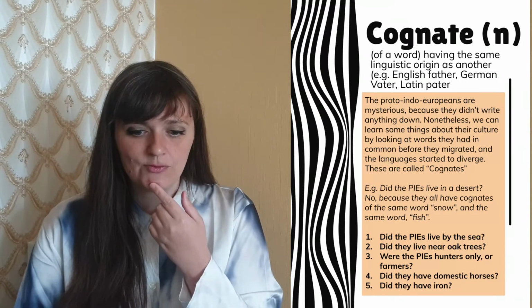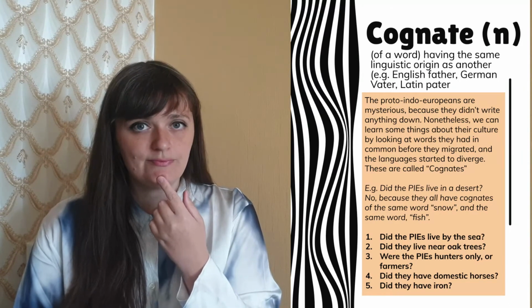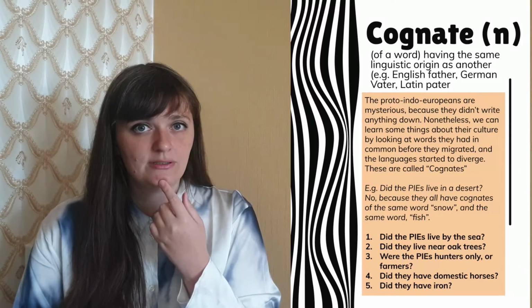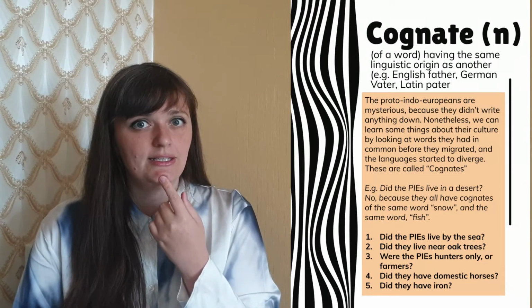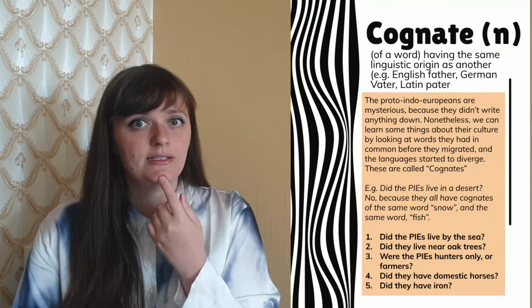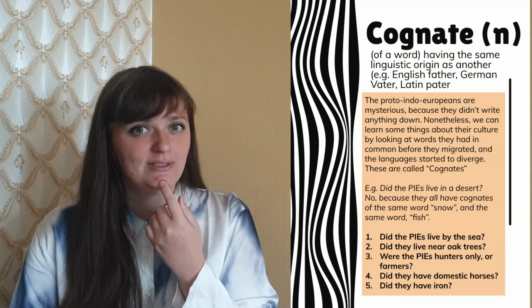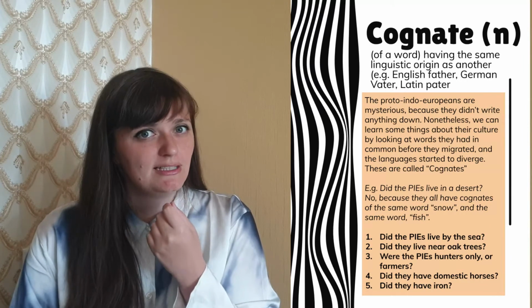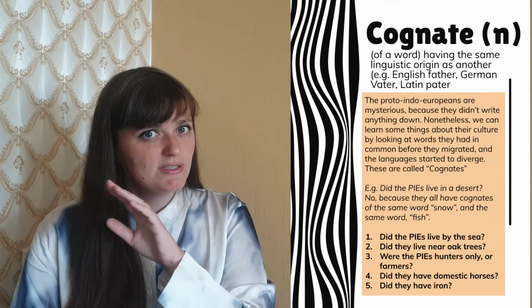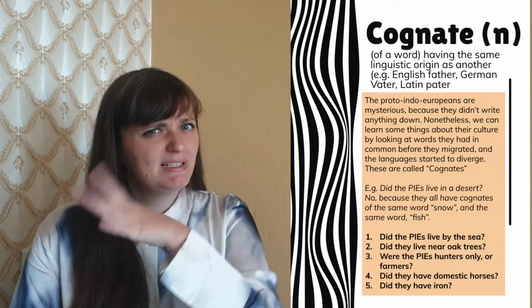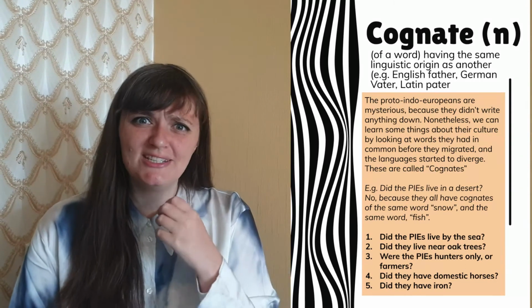What about whether they lived by the sea? In Russian, moria. In Latin, mare. In German, see. Oh no, the Proto-Indo-Europeans didn't live by the sea because the Indo-European languages all have different words for sea.